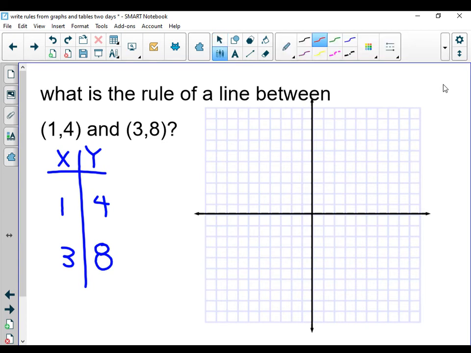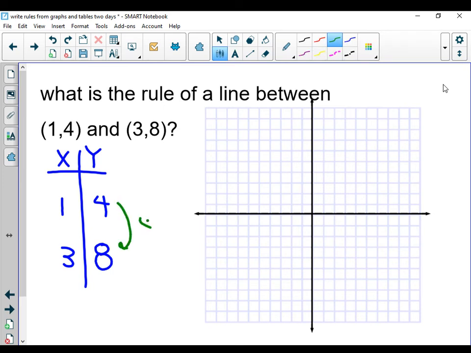So I wrote it this way on purpose. Did you notice it? I thought we're missing a number in our pattern, so I left a space for a 2. So if I'm going 1, 2, 3, also let's look at this for a second. Pretend those aren't there. What's my pattern from 4 to 8? Plus 4.